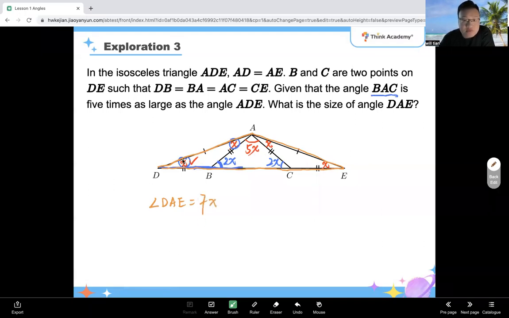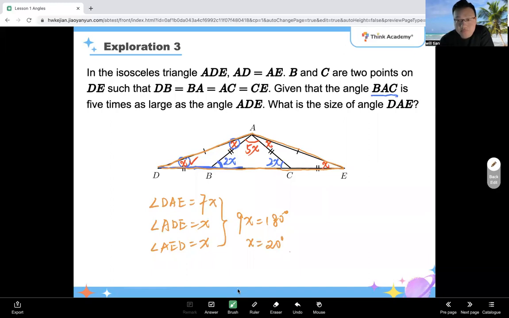And ADE is 1x, AED is also 1x. So if you add them all together, it's the sum of all 3 interior angles, which equals 180. So 9x equals 180. So 1x will be 180 divided by 9, you got 20 degrees.